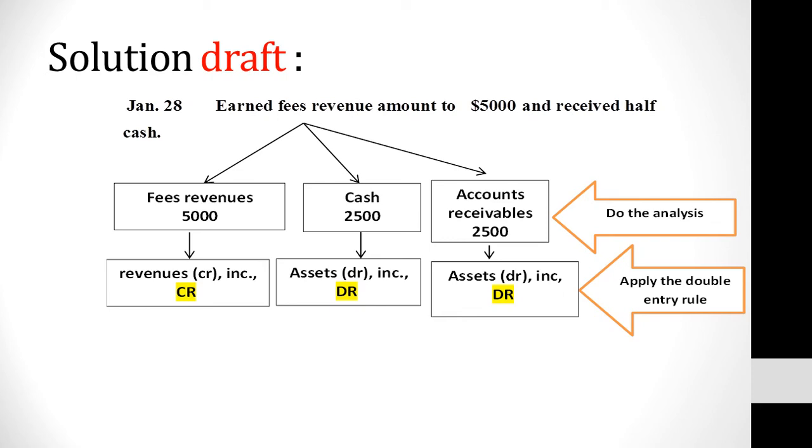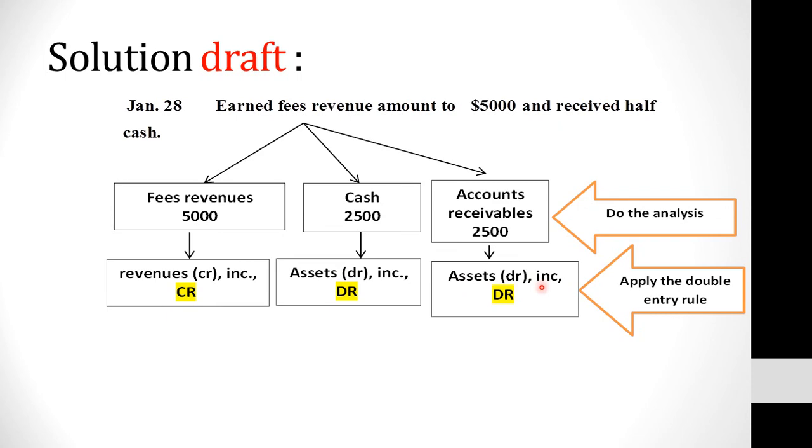One last transaction. Earned fees revenues amounting to 5,000 and received half in cash. Here we have three involved accounts. We have revenues, we have cash, we have accounts receivable. How about revenues? Revenues is normally credit. It increased, so it's going to stay in the credit. Cash is an asset. It is normally debit. It increased because you received cash. Your cash increased, so it stays in the debit. Accounts receivable is also an asset and it is normally debit.